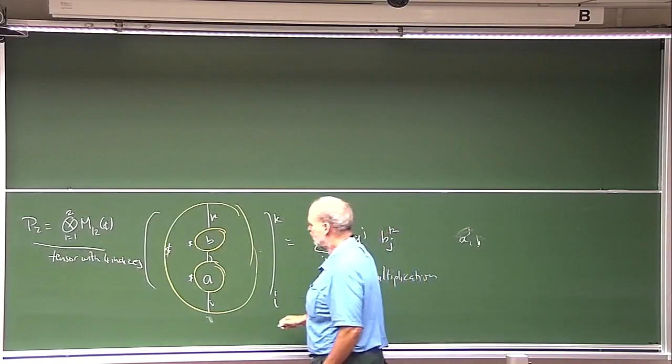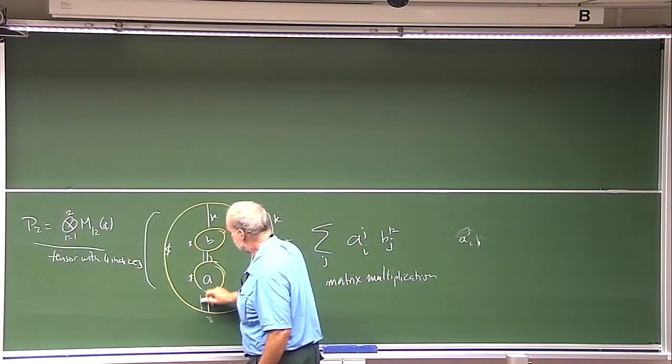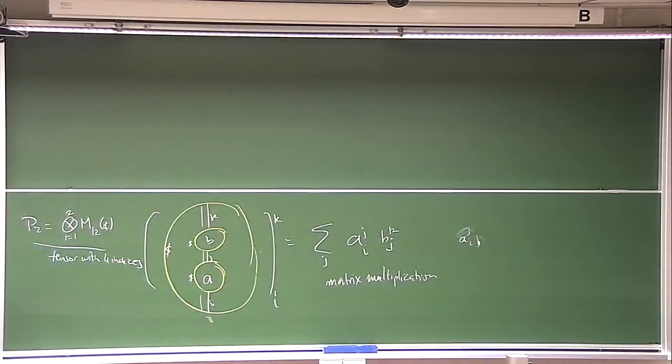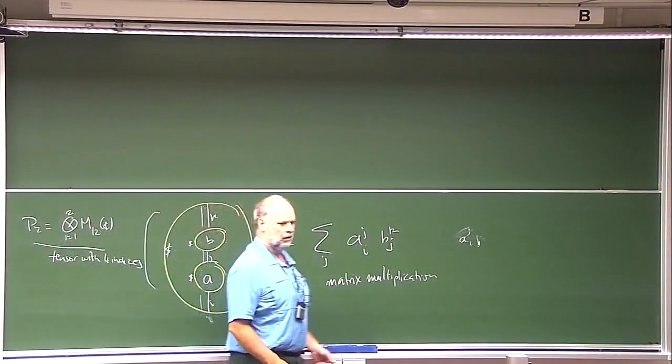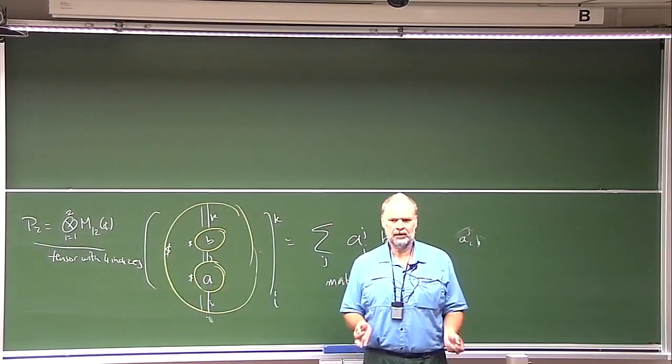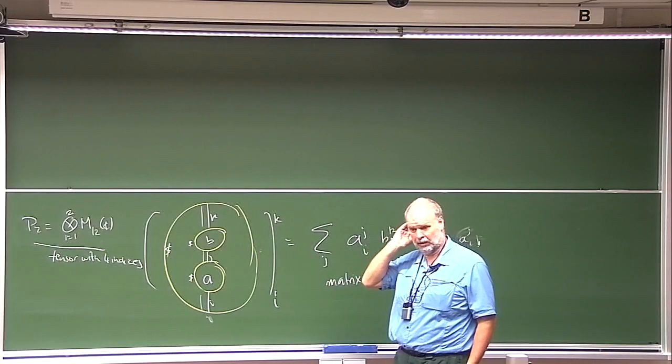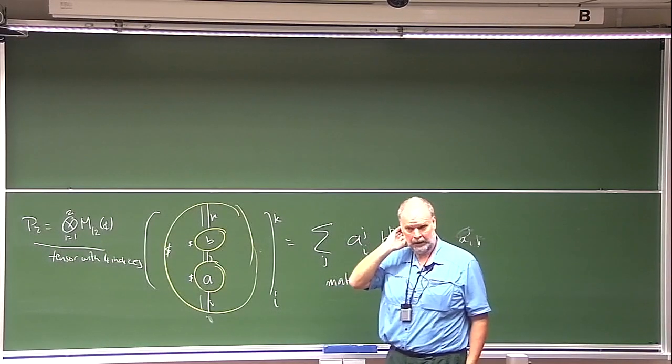And if I put more lines in here, I would just get matrix multiplication in the tensor product of a bunch of matrix algebras. So that's a very explicit, very simple planar algebra, but it's an example that I want you to bear in mind.